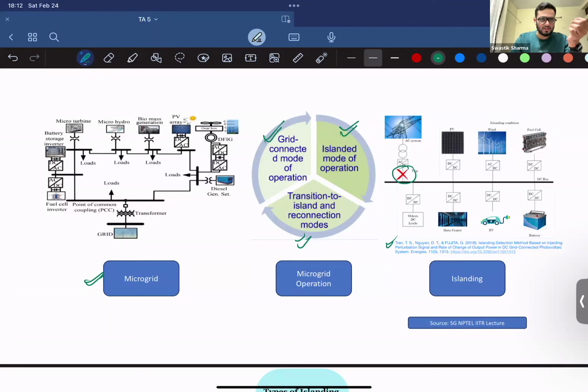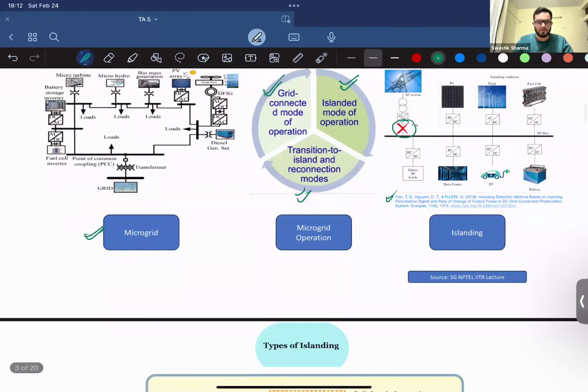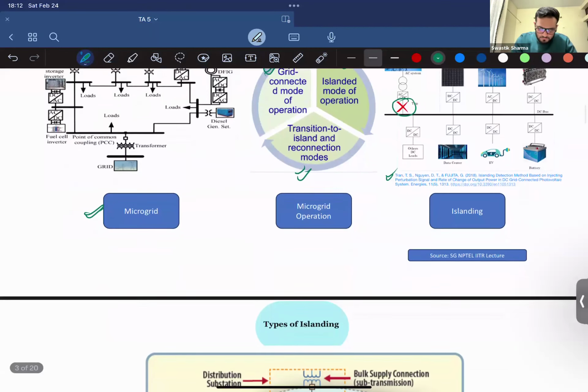It's a condition in which a portion of an electric power system is energized solely by one or more local EPSs through the associated PCCs, which are points of common coupling, while that portion of an area EPS is electrically separated from the rest of the area EPS. So that means they are not connected to the grid at all.